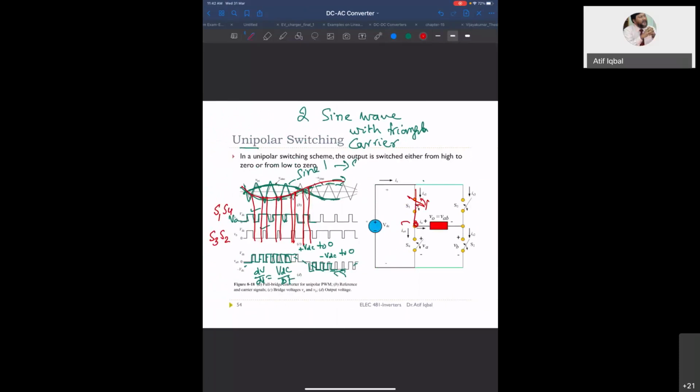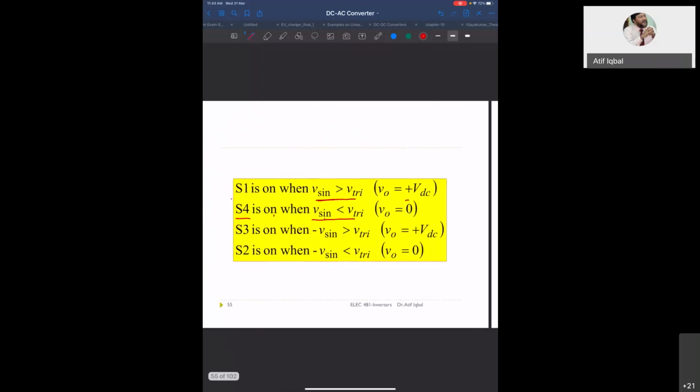So when this is on, you get this voltage as plus VA. When this is on, you get 0. Here, when this is on, you get plus VB. This is point B. When this is on, you get 0 as your VB. The voltage across this we call VAB, which is equal to VA minus VB.